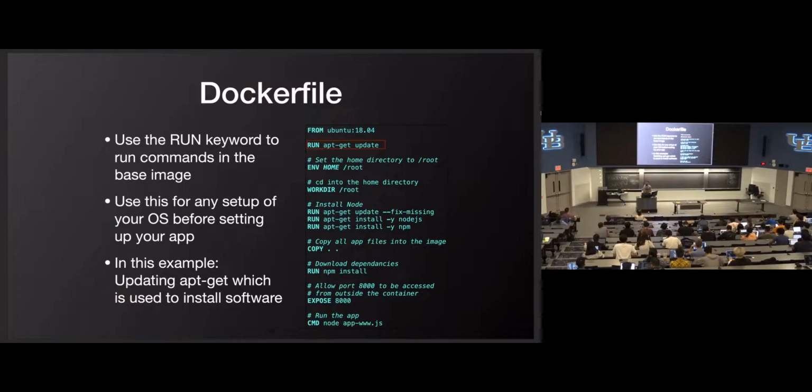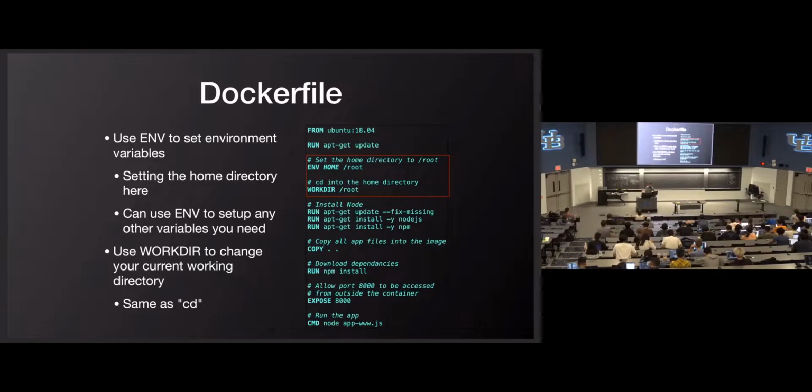You go into the command line and you type apt-get update. This is doing the exact same thing. So RUN is going to run commands effectively in your command line. It's going to run as though it were a bash script, if you want to think of it that way too. So I'm going to update apt just to make sure that I have all the repositories that I need and all that.